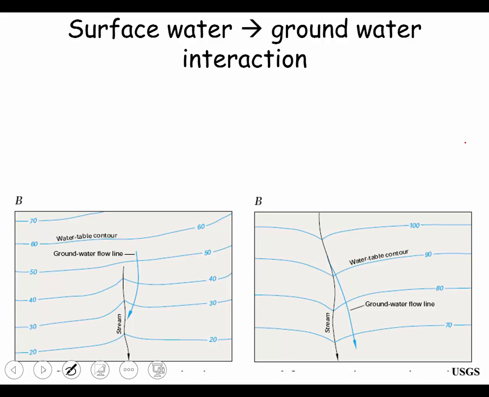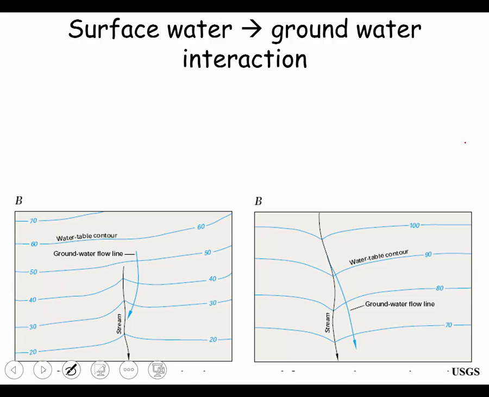Now, we could contour the water table just like we contour the surface of the land, the topographic contour. Okay? So those are lines of equal elevation. But in this case, a contour line is a line of equal elevation of the water table. Now, lines of equal elevation are lines of equal energy.